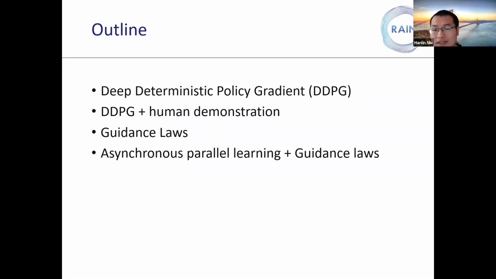I will show how we integrated it with human demonstration data last year. I will also show how we improved last year's work this year, integrating asynchronous DDPG with guidance laws.